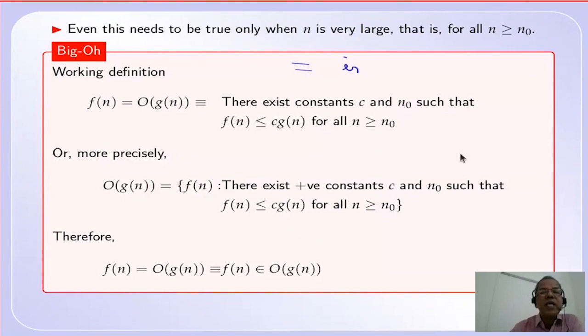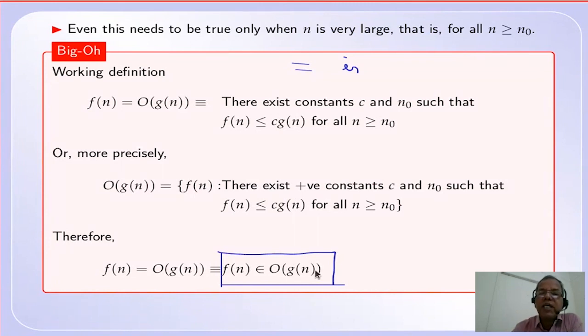Therefore, instead of saying big O of g of n is a single function, it is a set of all functions such that there exist positive constants c and n0 such that f of n is less than or equal to c times g of n for all values of n larger than or equal to n0. So, the precise notation is this. f of n is in big O of g of n.